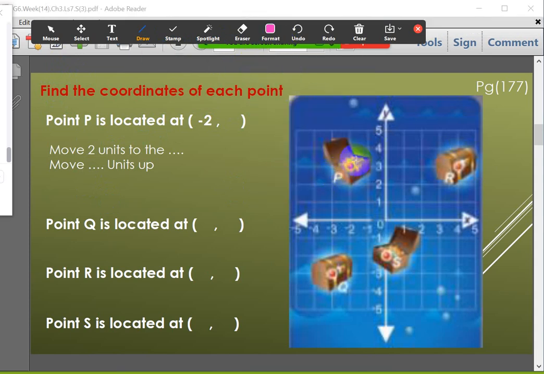Where's B? Look, this is B here. To find the coordinate for point P, the first thing I want to find is the x coordinate and the y coordinate. The first number will be the x coordinate. How will I find the x coordinate, girls?